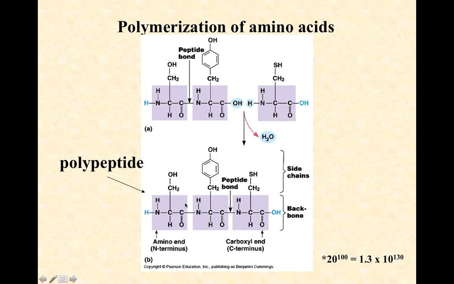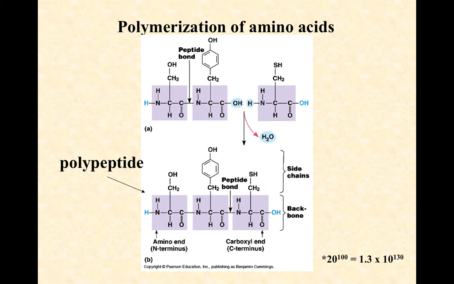The very first amino acid that's put into place has an unreacted amino group, and we call this the amino or N terminus of the chain. You continue on down, in this case only 3 amino acids later, but in a typical protein, a few hundred amino acids later, you come to the C or carboxyl terminus, where you have a carboxyl group that is now unreacted because there's not yet another amino acid coming in.